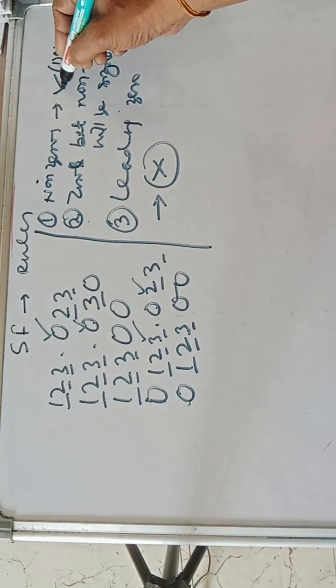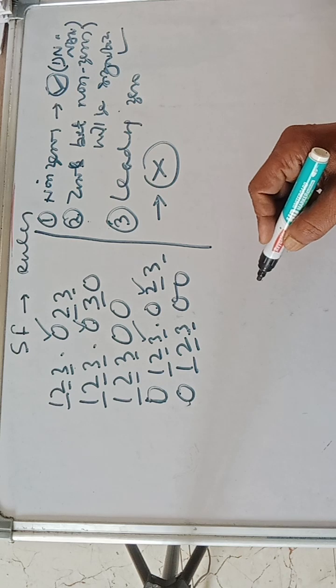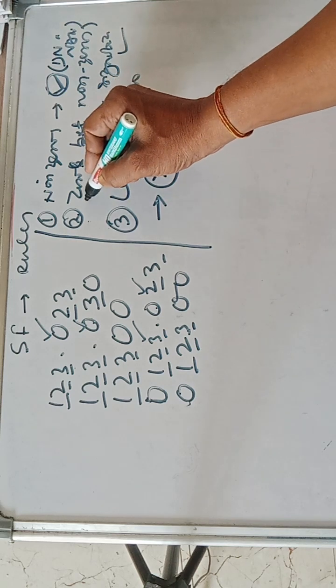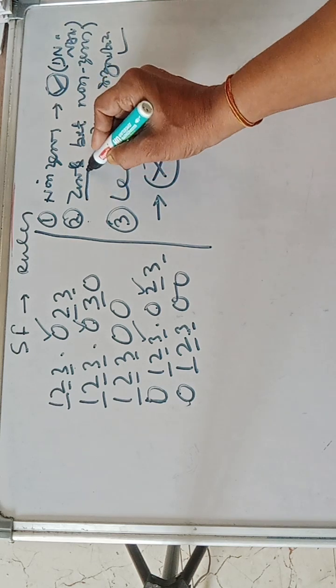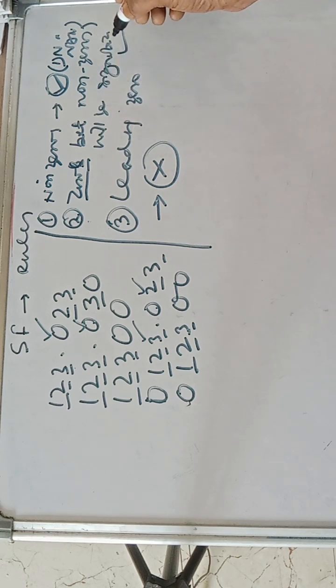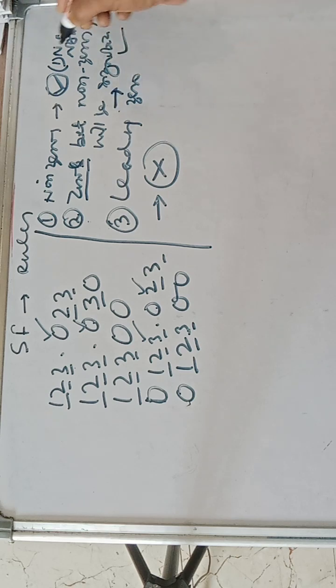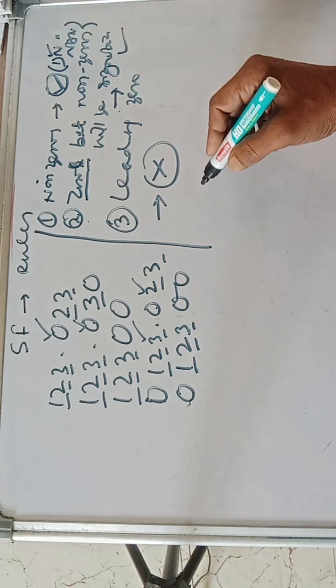Non-zeros are significant digits or figures, and zeros between non-zero digits will be significant in both decimal and non-decimal numbers.